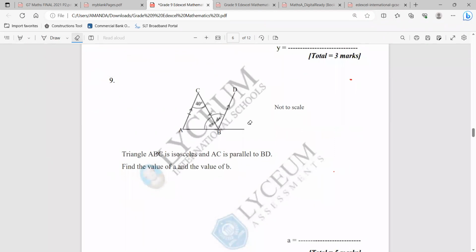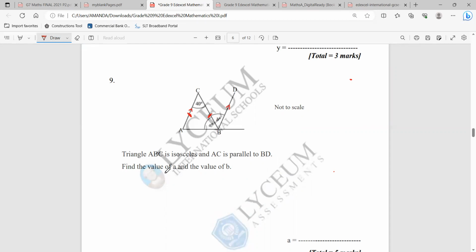Triangle ABC is isosceles, and they are showing AC and BC are equal. That's why they have marked the lines in this way. AC is parallel to BD. This is the symbol for parallel lines. So AC and BD are parallel.